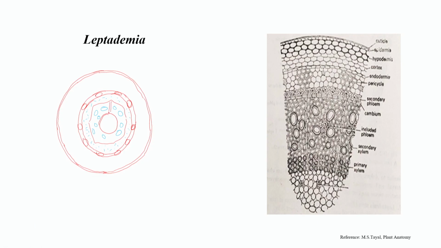So we will draw secondary xylem here. This is the structure as it will be observed in a transverse section, and this will be formed by abnormality in the cambium behavior.